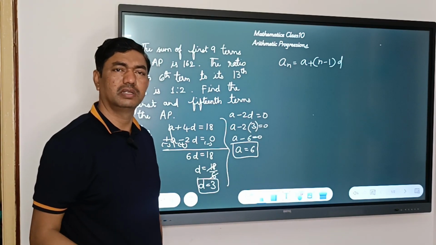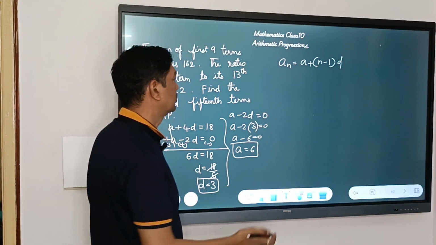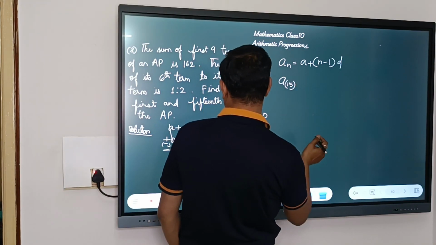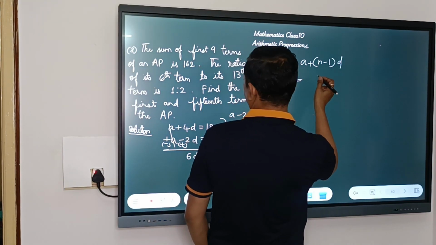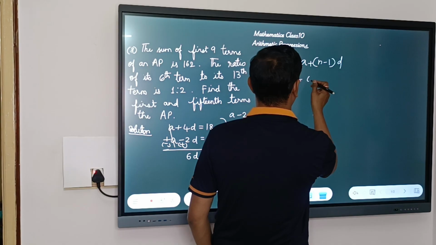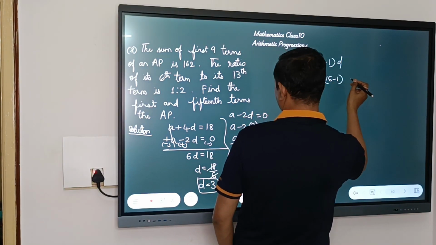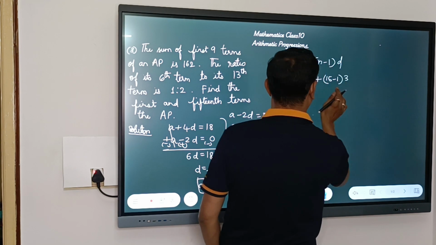In place of n you put 15. The first term is 6, plus 15 minus 1 into d. The common difference is 3. Clear?